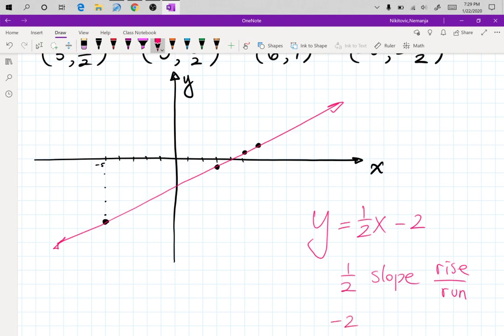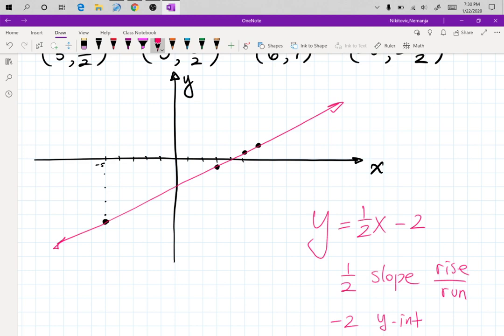And your -2 is the y-intercept. Do we all see a -2 y-intercept right where it should be? And then what do we do? We go 1 unit up, 2 units over. Right on the money. It goes right through the 4 points, right? It has to fit. I mean, it's math. All right?